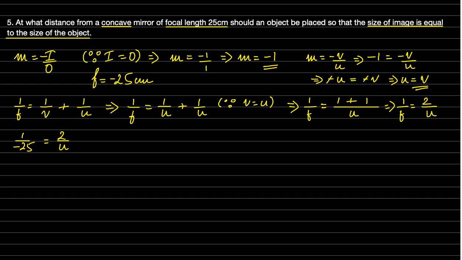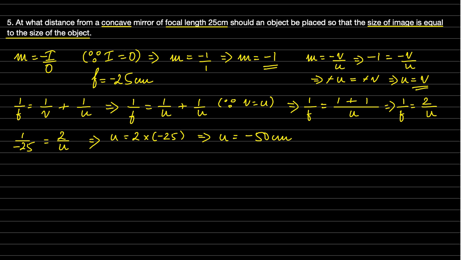So u goes to the other side, so we get u is equal to, and this 25 comes here, 2 into minus 25. So we get the value of u as minus 50 centimeter.